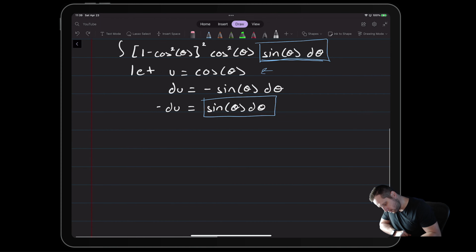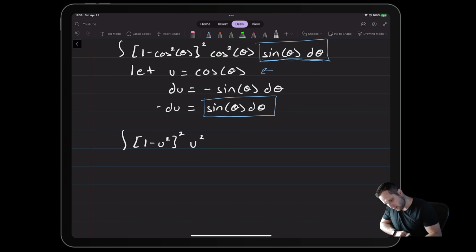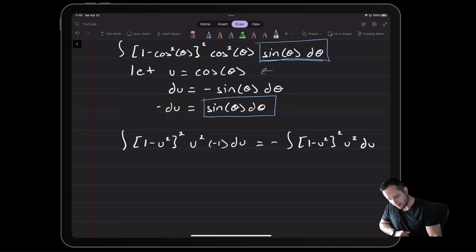So we're going to have the integral of the quantity 1 minus u squared, all squared, times u squared, and then this is going to be a negative 1 du, but this is the same as negative because we could pull a constant out. So this is the negative integral of 1 minus u squared, squared, times u squared du.